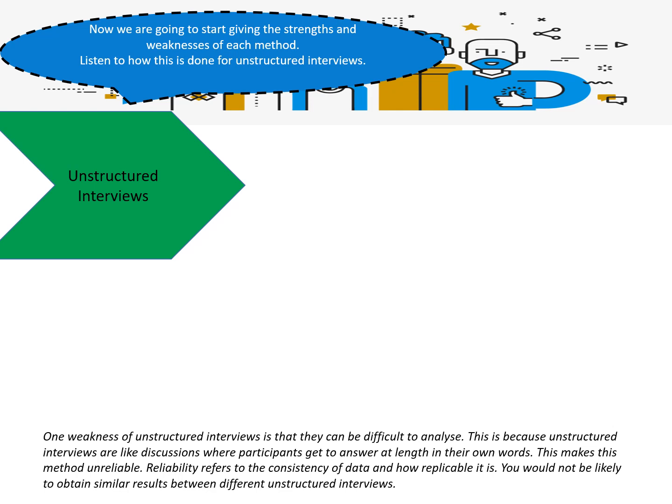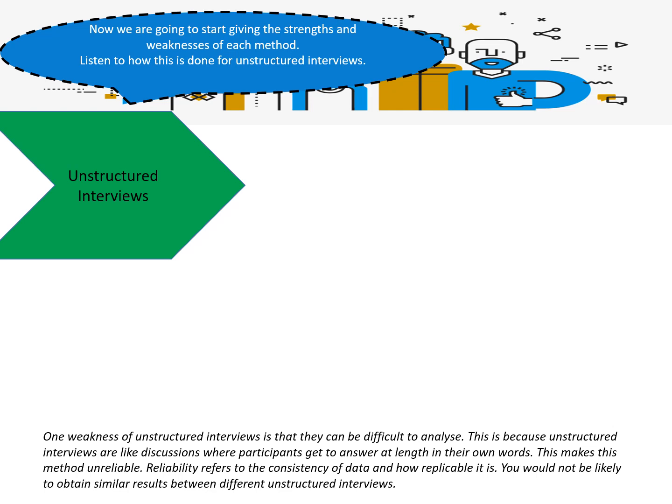So let's have a look at unstructured interviews. An unstructured interview is a series of questions that's asked by a researcher to a participant. There's no particular order. The researcher can add to those questions as they go along, and it's pretty much a conversation.